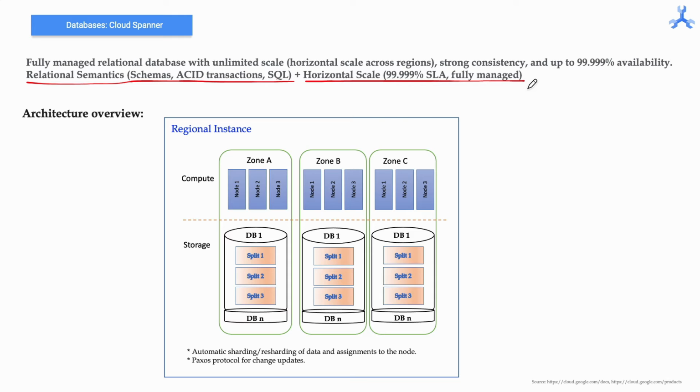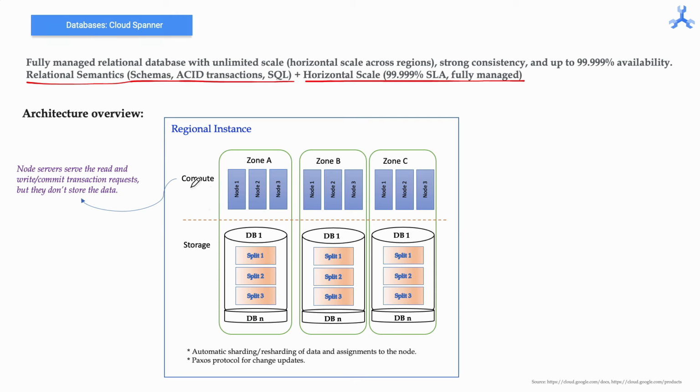Cloud Spanner architecture is basically split between compute and storage. So in Cloud Spanner, everything is replicated. Everything is replicated at least 3 times.